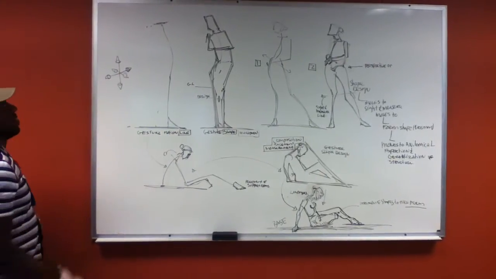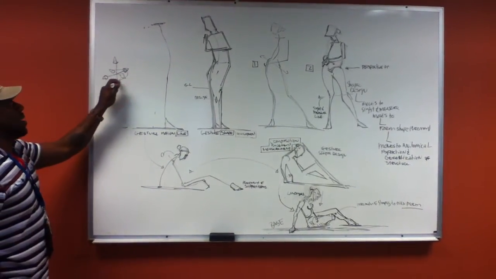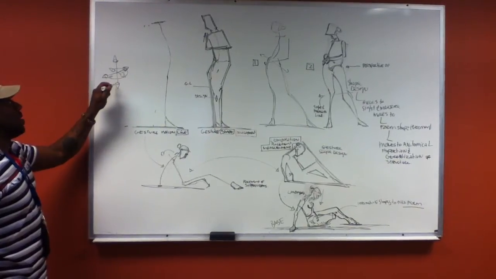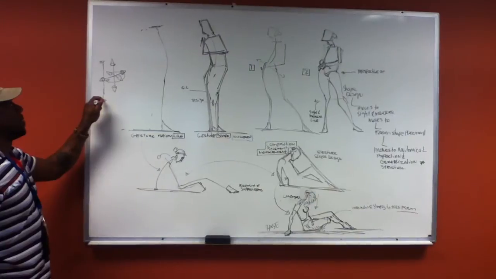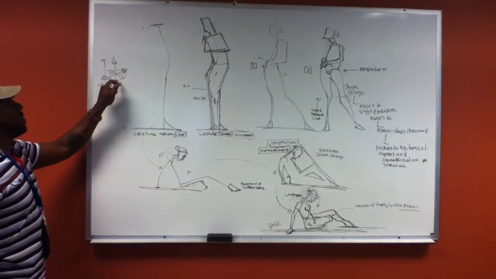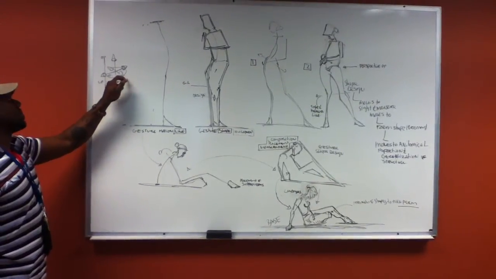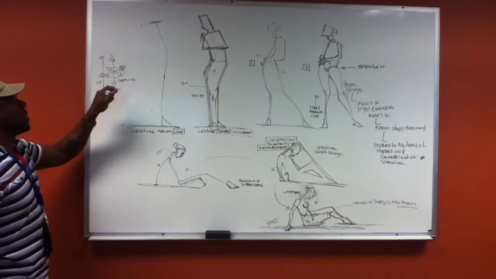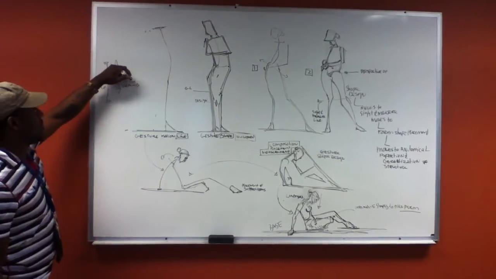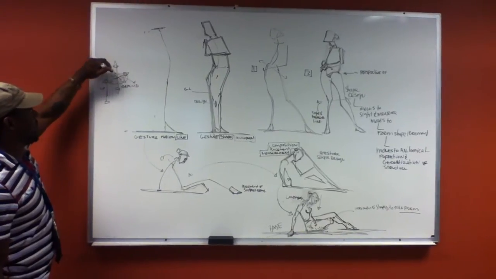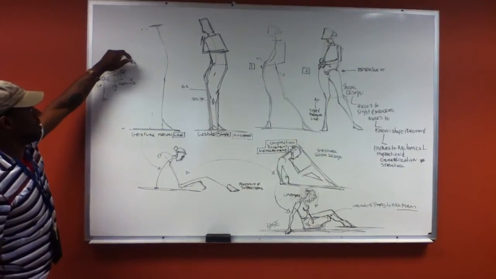encompasses on your page. As we go around the form, as we go up and down the form, and then as you go forward and back, or shall we say, through the form.